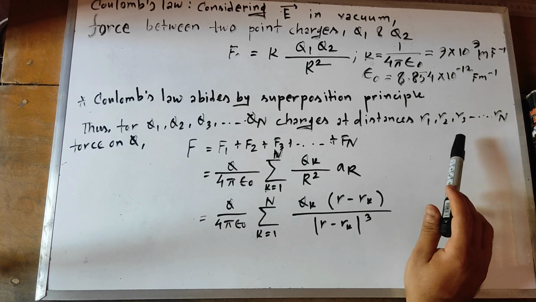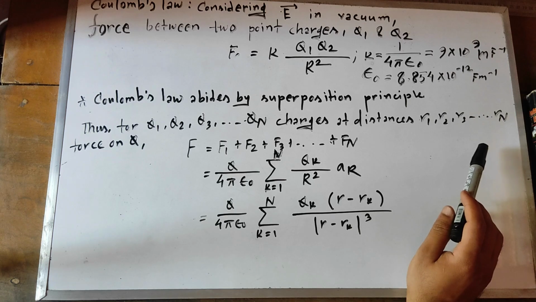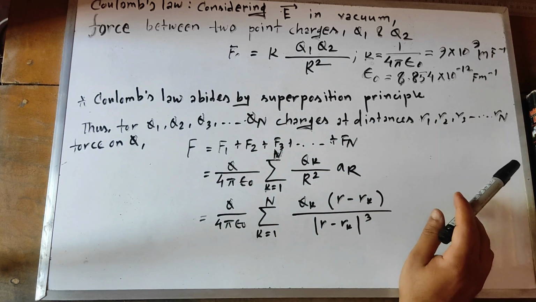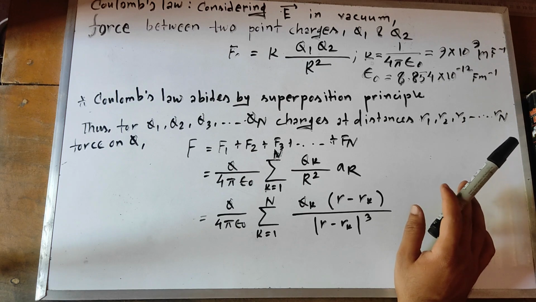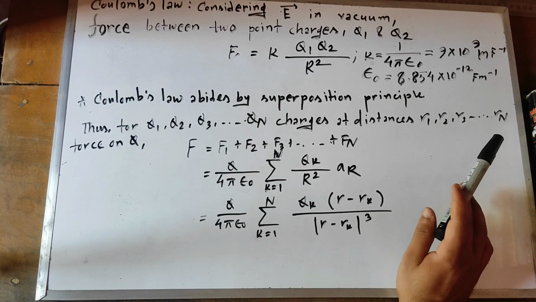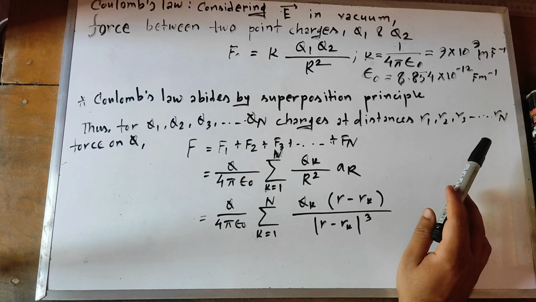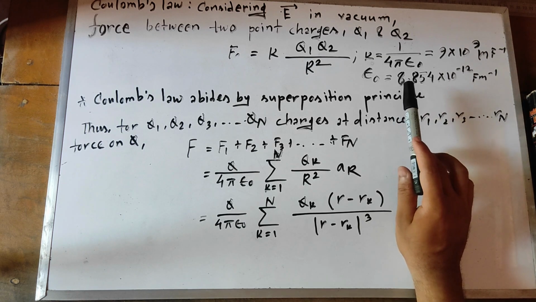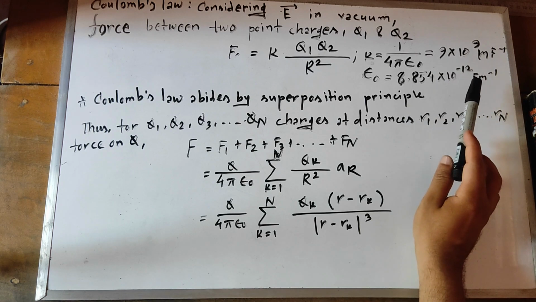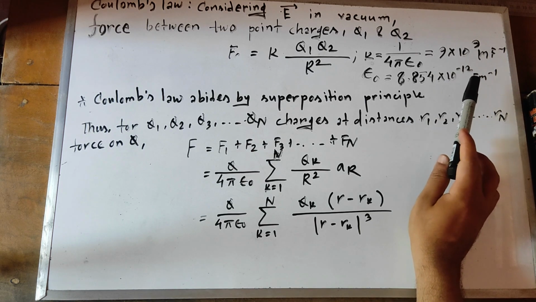The Coulombic force, which is only applicable to point charges, is proportional to the magnitudes of the two charges and inversely proportional to the distance squared. k is the proportionality constant, which is 9 times 10 to the power 9.